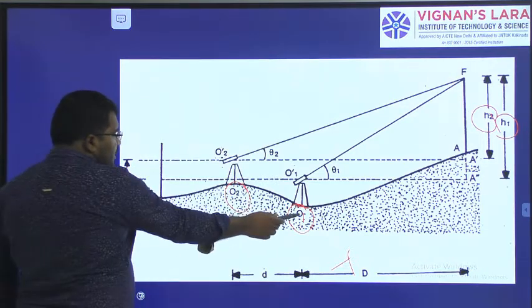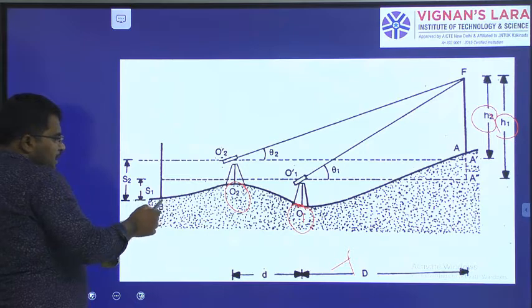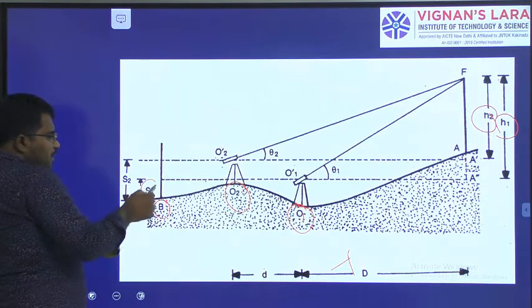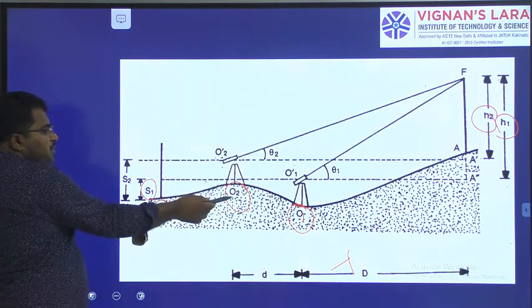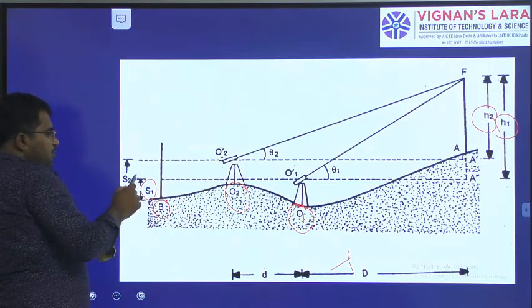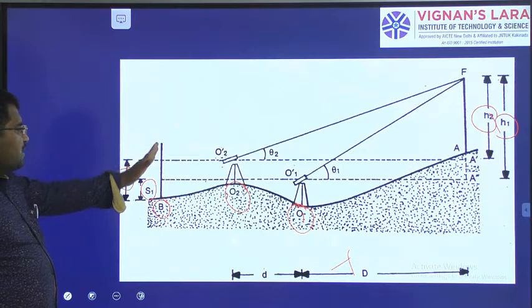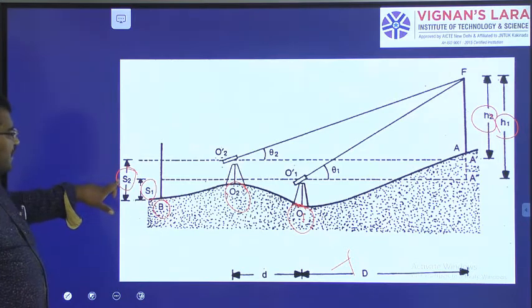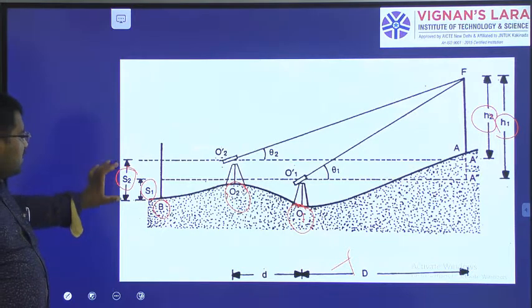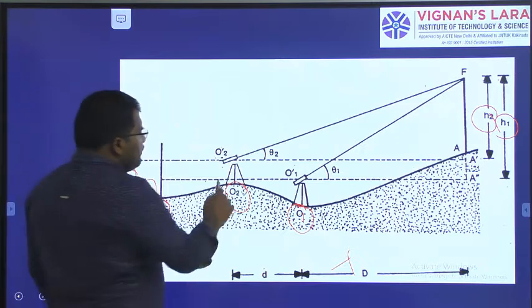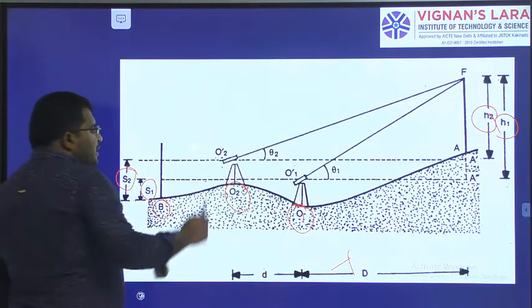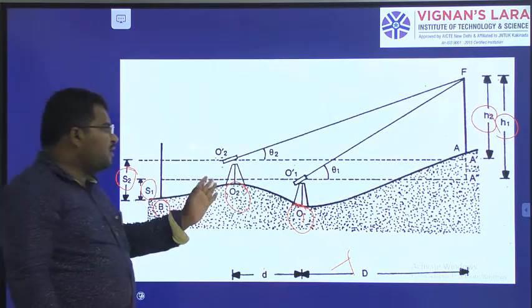If you set up the instrument at O1 and take the reading on the benchmark backside, it will be S1. If you shift the instrument to O2, then you get the value on the leveling staff S2. Based on these two values, we are going to calculate the heights of instrument H1 and H2.